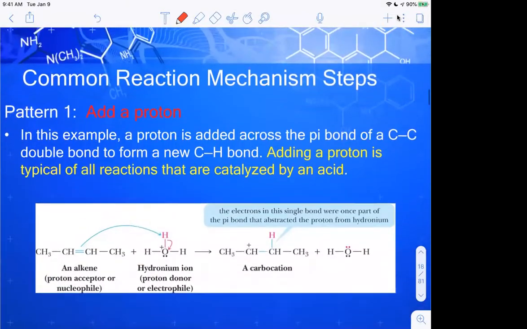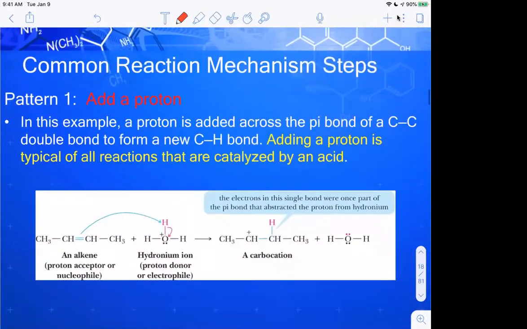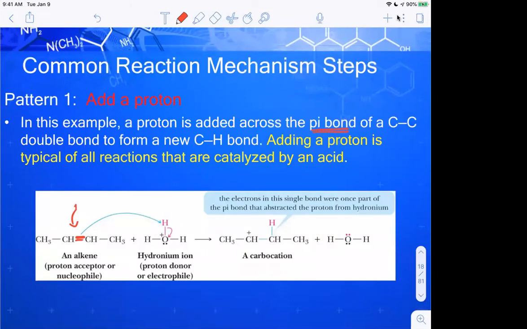This is another example of this add a proton reaction. Here I have an area of high electron density, which is the pi bond. Those electrons in that pi bond have an increased electron density because they are in that pi bond, which is a little bit farther away from the nuclei, right?